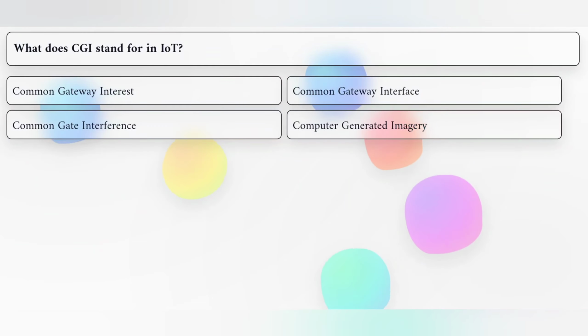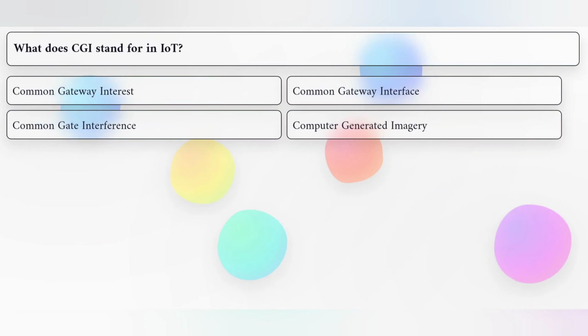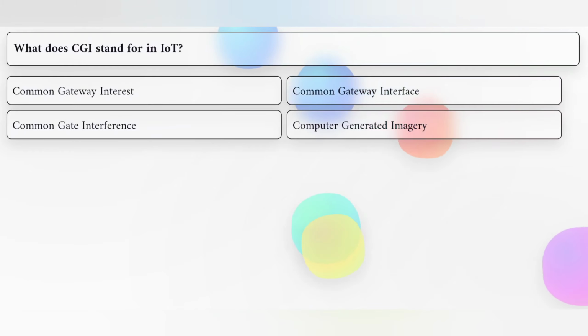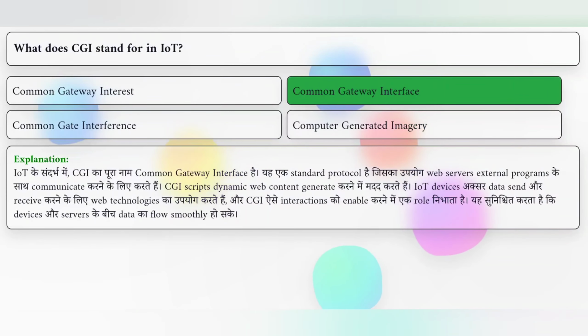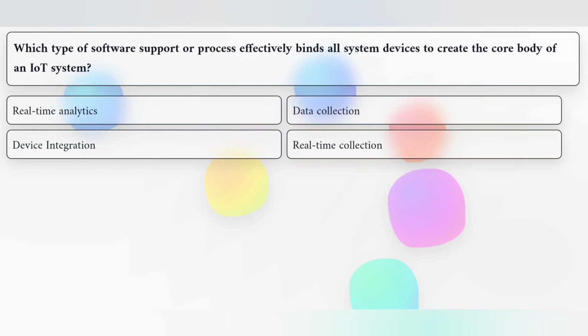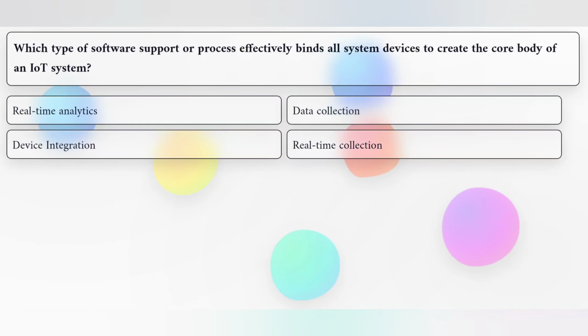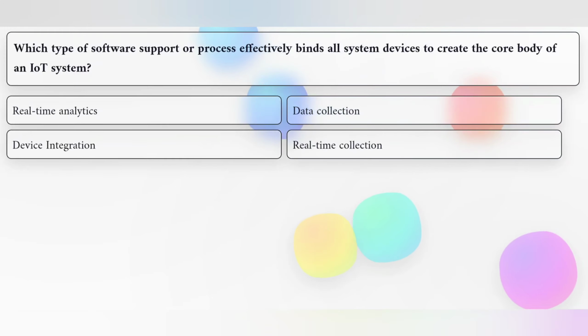What does CGI stand for in IoT? Common Gateway Interest, Common Gateway Interface, Common Gate Interference, Computer-Generated Imagery. Which type of software support or process effectively binds all system devices to create the core body of an IoT system?